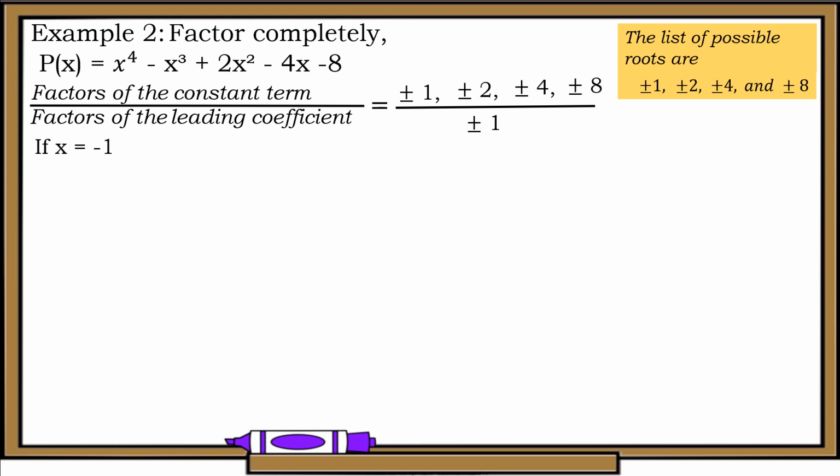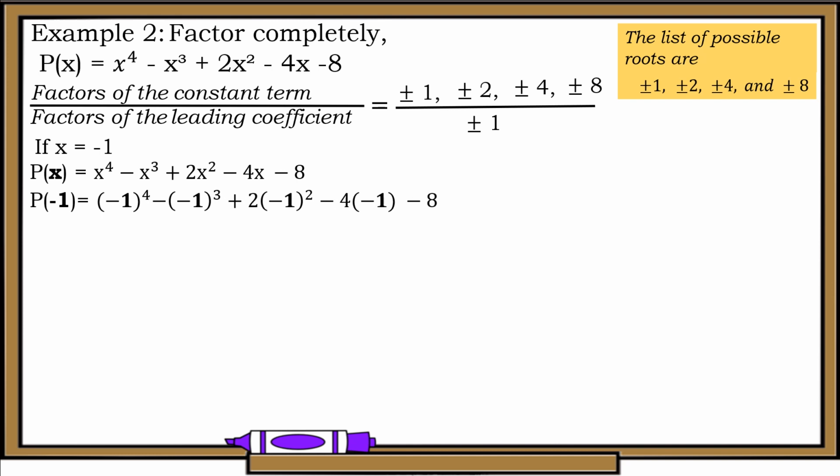Let us use the factor theorem to find a factor. So from the list of possible roots, let us try negative 1. If x is equals to negative 1, from our polynomial x to the fourth minus x cubed plus 2x squared minus 4x minus 8, we will substitute negative 1 to x. So, we have P of negative 1 is equals to negative 1 to the fourth minus negative 1 cubed plus 2 times negative 1 squared minus 4 times negative 1 minus 8.